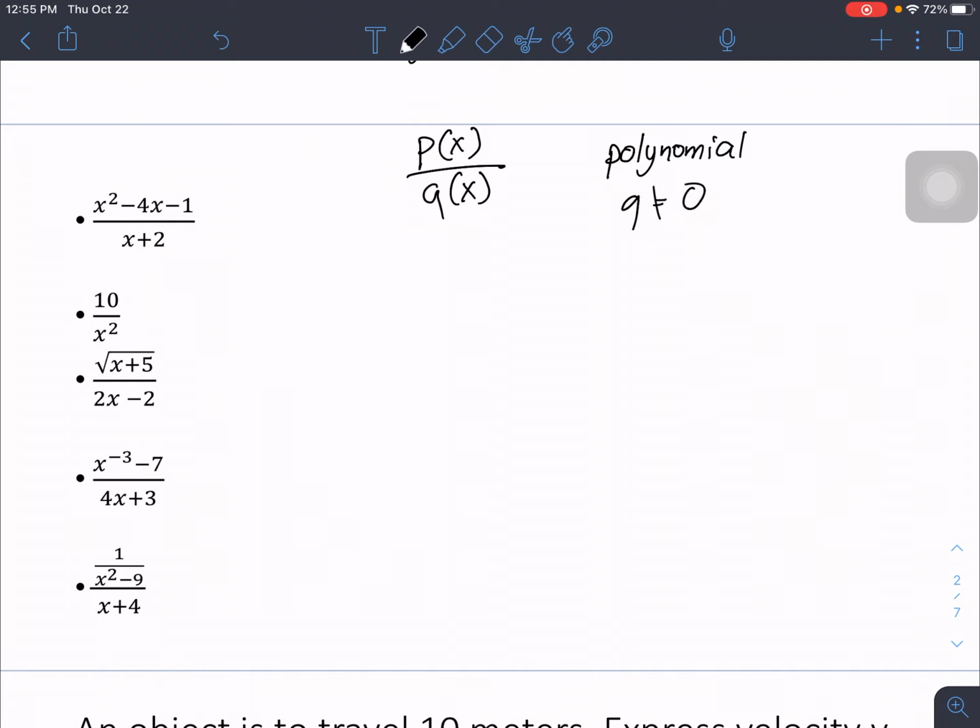Okay, so let's try. For the first item, (x squared minus 4x minus 1) over (x plus 2). Let's examine the numerator.